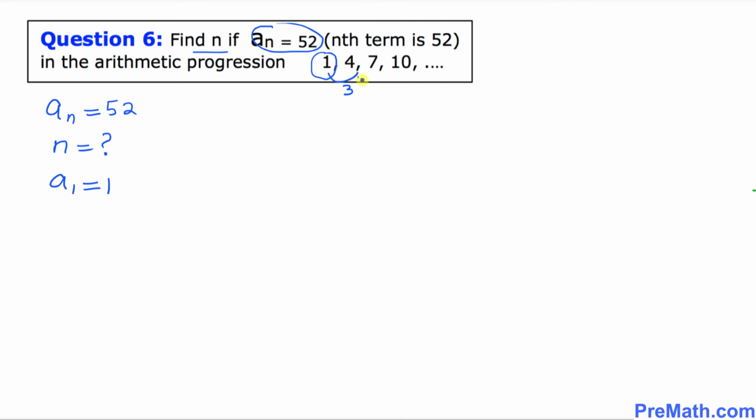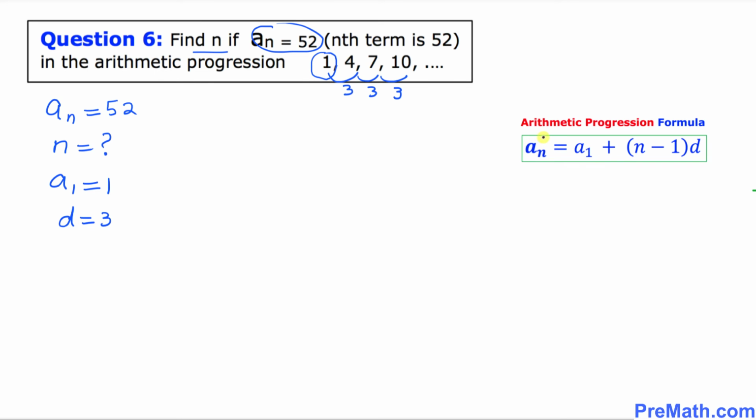As you can see, the common difference is simply positive 3, because if we add 3 we get the next term. So d turns out to be positive 3. And here is our arithmetic progression formula. I'm going to write it down right up here. a sub n equals a sub 1 plus n minus 1 times d.